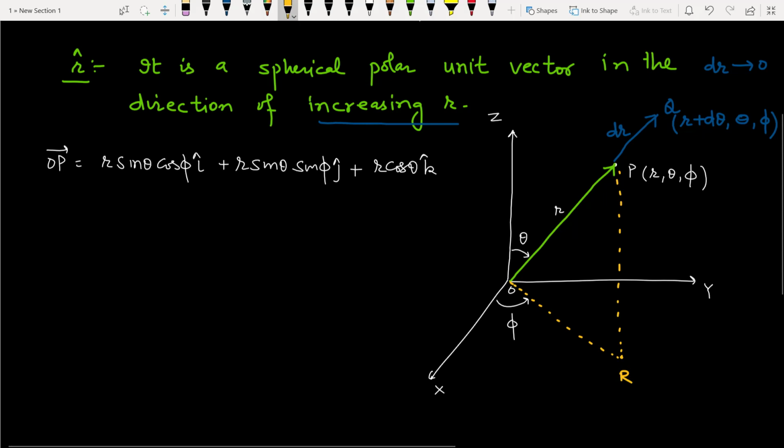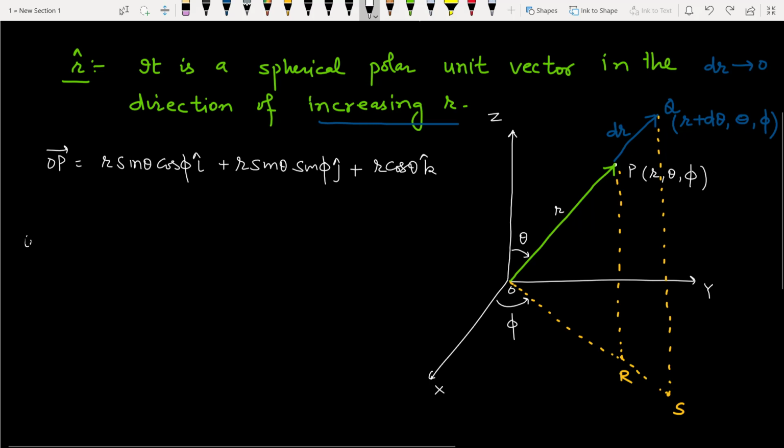So if you draw a foot of perpendicular in the xy plane and extend this, then its foot will be at point S. So the theta coordinate and phi coordinate are the same, but the length of OQ is increased from the earlier one by dr, a very small change.